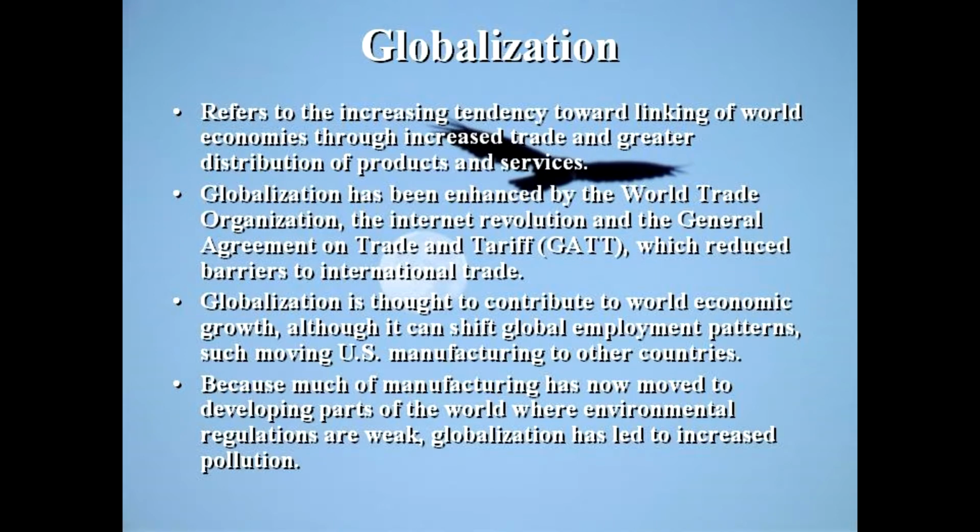The thinking has been that such globalization is good for everybody, because more jobs are created and new markets are open for producers and so on. So the feeling has been that globalization is an economic plus.